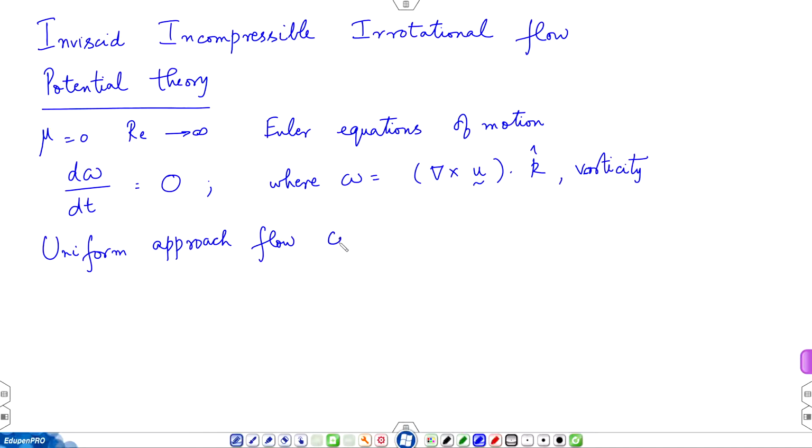For uniform approach flow conditions, omega is 0 over the entire flow field.